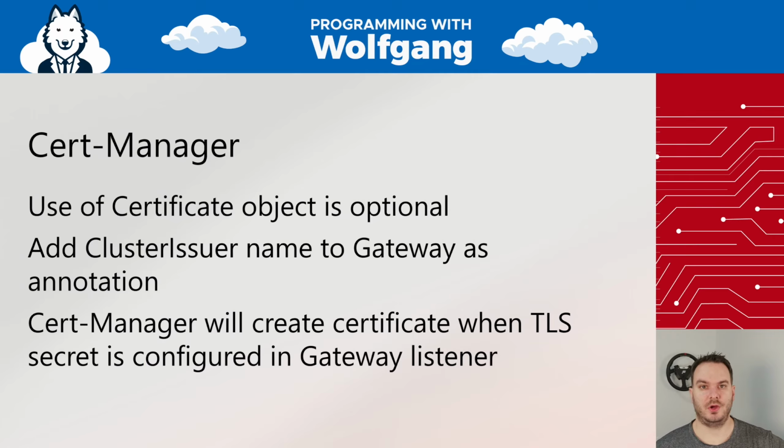The reason why it works is once you have this annotation, then the Cert-Manager knows to check the gateway, and the way it does this, it checks the listeners for TLS secrets. So if you have a TLS secret configured there, then the Cert-Manager will automatically create a certificate for this listener.